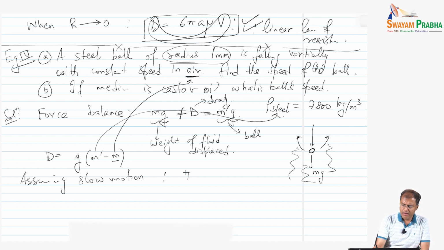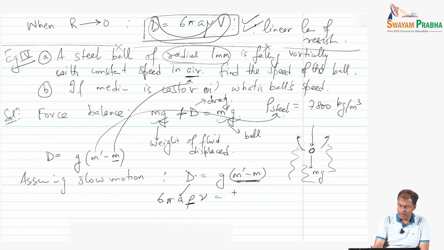So my drag is g times m prime minus m, and my drag comes out to be 6 pi a mu v, where rho prime is the density of the steel. We are talking about masses, so we have to change them into volumes.